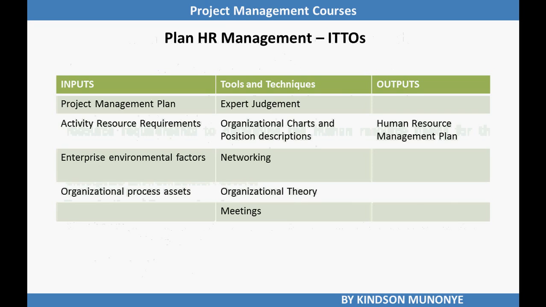Take note that the inputs are the project management plan, activity resource requirements, enterprise environmental factors, and organizational process assets. The tools and techniques are expert judgment, organizational chart and position description, networking, organizational theory, and meetings. And then we have just one output, and that is the Human Resource Management Plan.